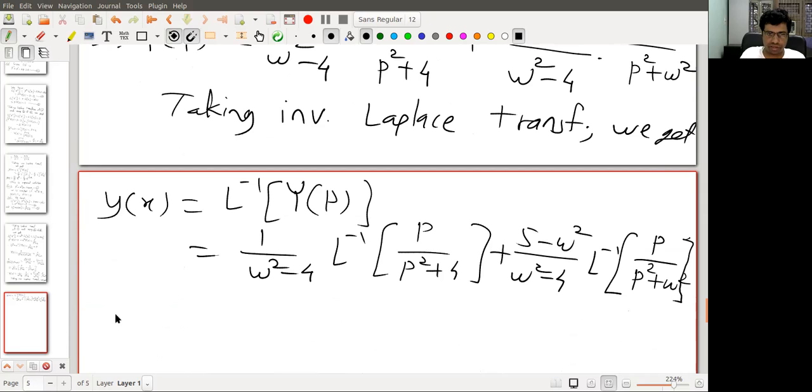And we know that this is in terms of cosine. So 1 upon omega square minus 4, we know the Laplace transform of cos of 2x is p upon p square plus 4, so this is cos 2x.